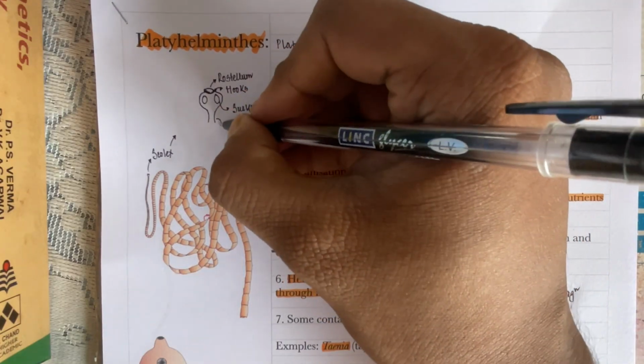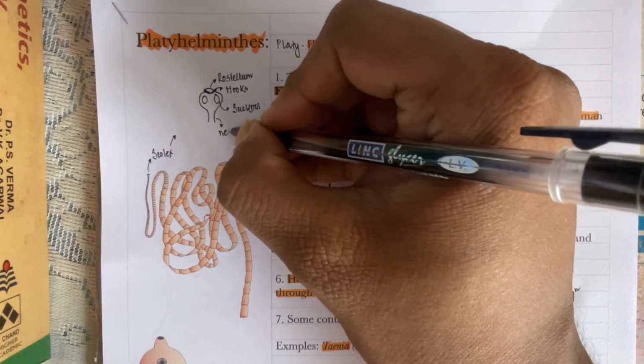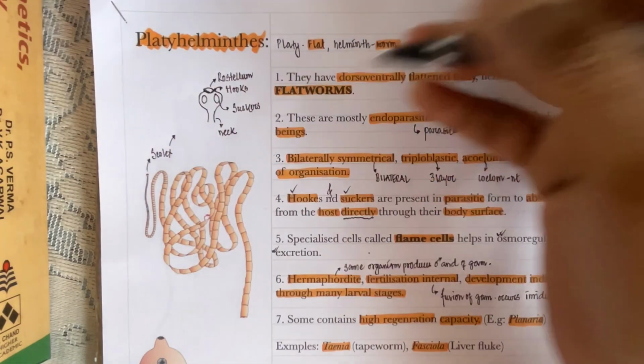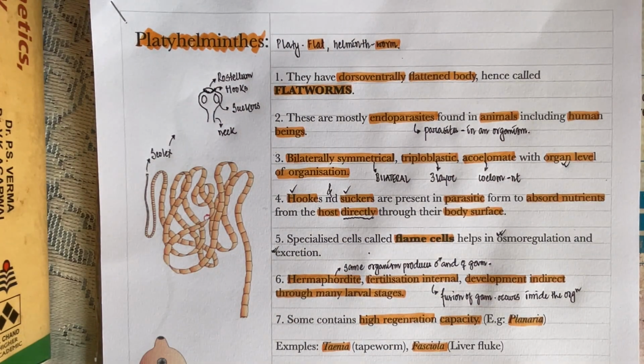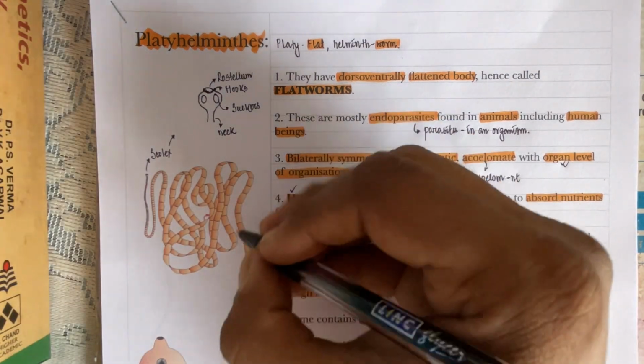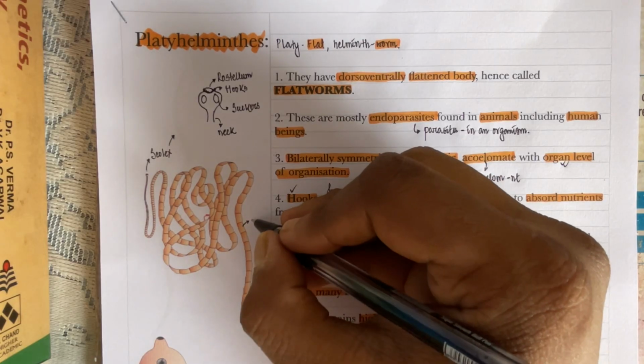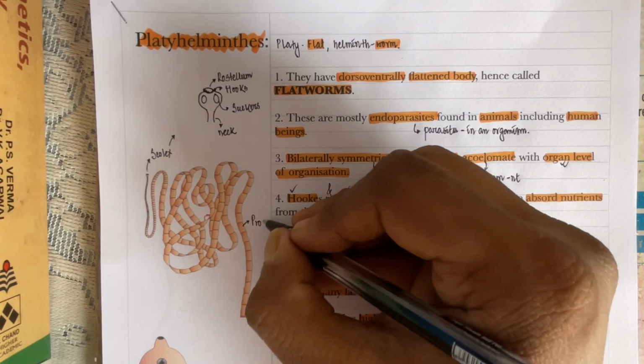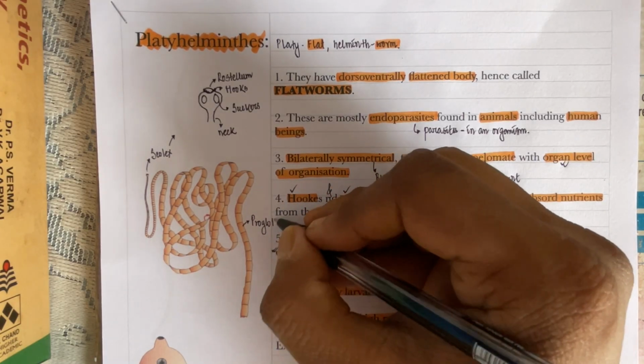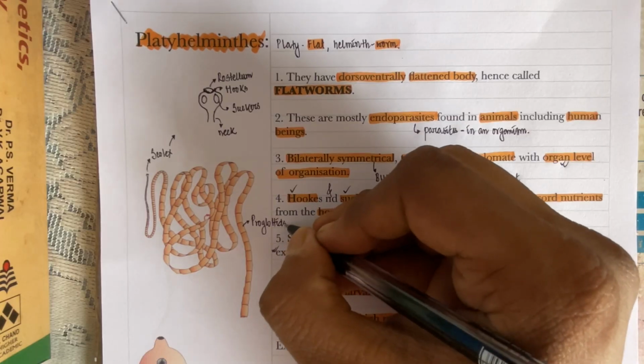After the suckers, you have the neck portion, and then this complete body, in which you see these segmented structures, called proglottids.